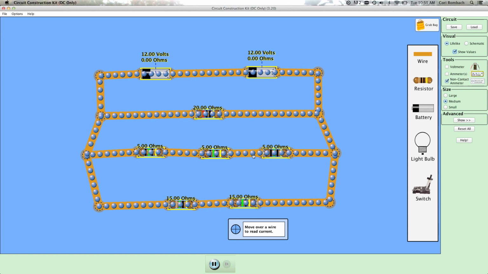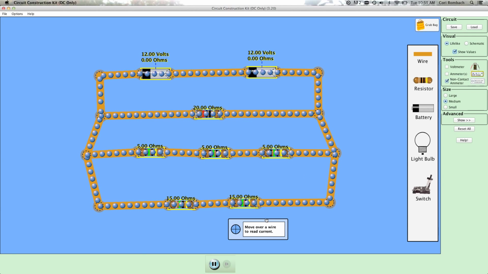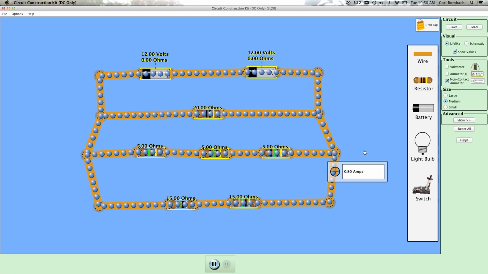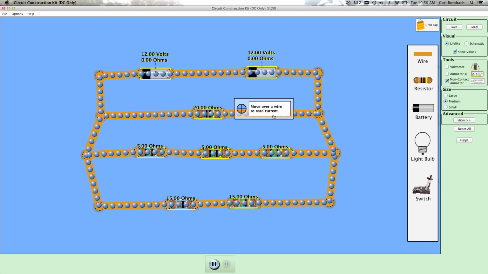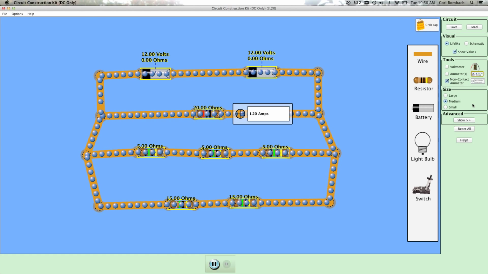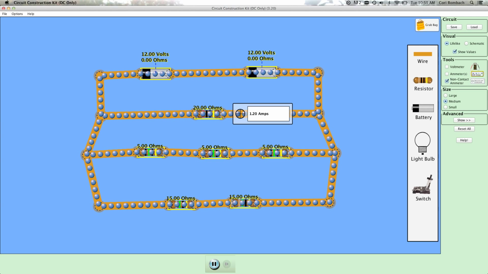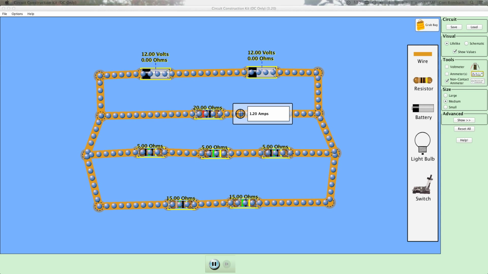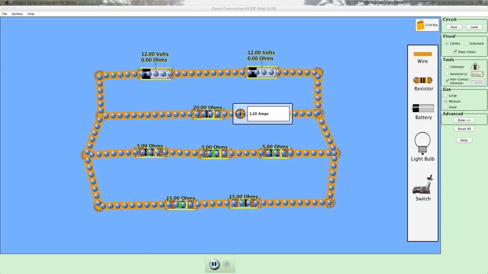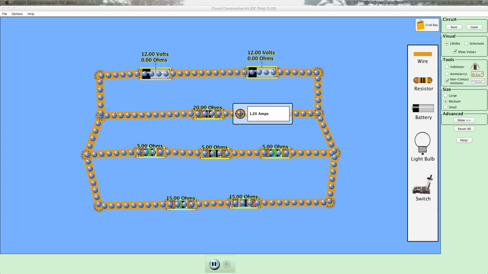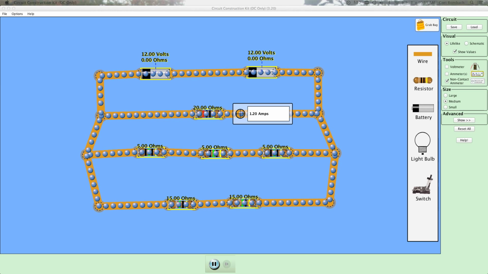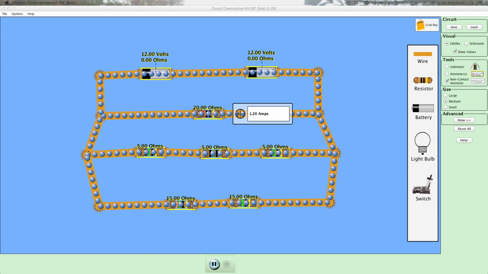Okay, good. Now I can measure the current through the branch with the 20 ohm resistor now that I actually have a 20 ohm resistor. So I'm going to hover the crosshairs over my wire, and I'm going to get a reading of 1.2 amps. Number 14 and number 15 want me to just move down my branches here.